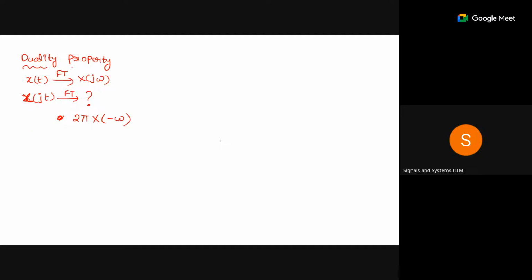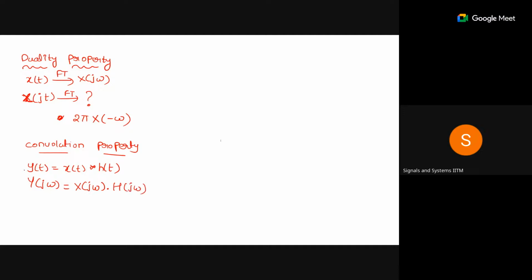The duality property is an important property you have to remember. And the convolution property in the Fourier transform also you have to remember. That is, y of t is equal to x of t convolved with h of t. Then y of j omega will be equal to x of j omega times h of j omega. The convolution is converted into a product when we do the Fourier transform.